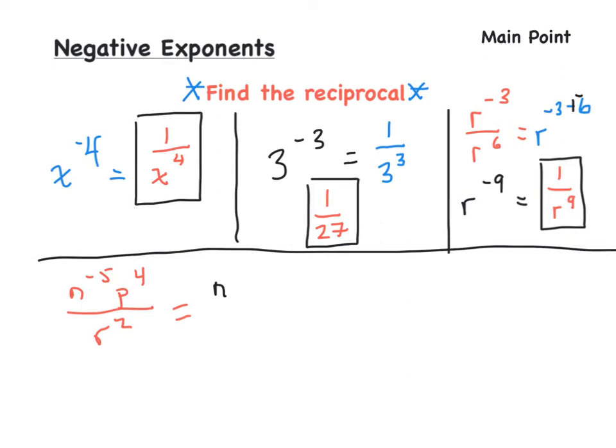This would be just n to the -5th over 1, just because you could have a 1 down here, and then these two could pair up so that could be multiplied. This r to the 2nd is in the denominator, so we do r to the 2nd on the bottom, over 1. Now we have a p to the fourth, so it would be p to the fourth over 1.